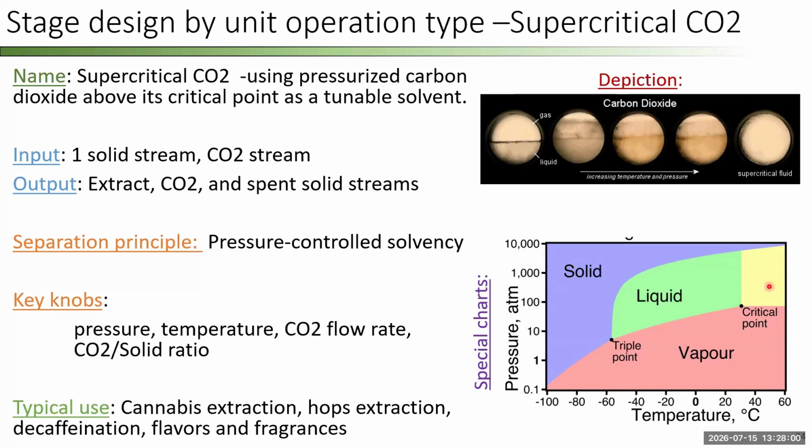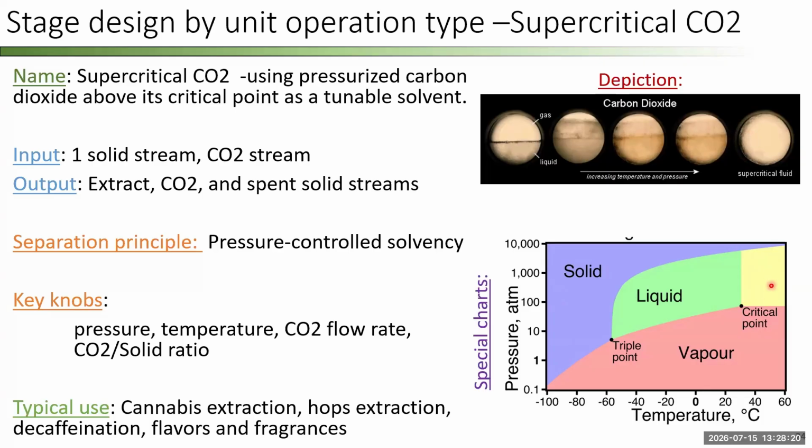The other very attractive thing about using supercritical CO2 is after I've done my extraction and whatever molecules I'm trying to extract have ended up in that supercritical fluid, I can take this and just drop the pressure.